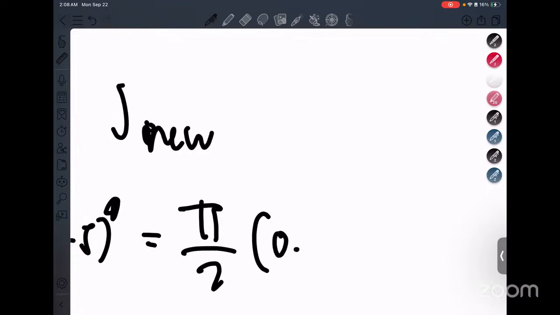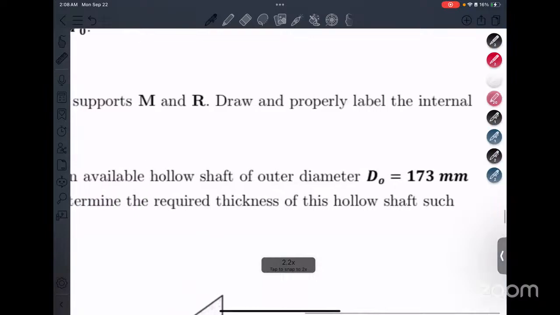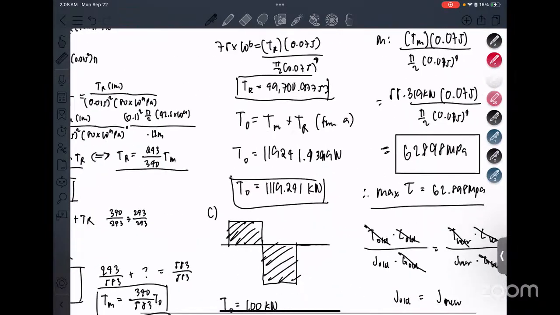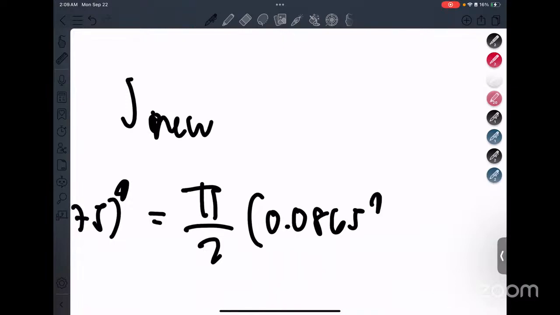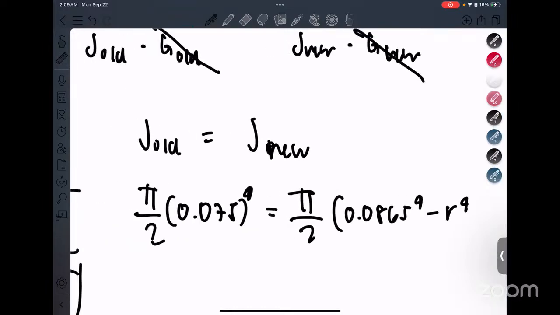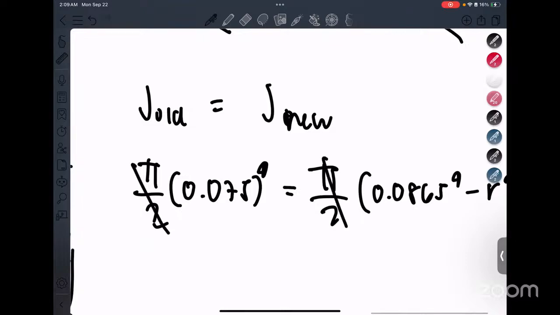So first, 86.5, where is this from? This is just the new radius, from the outer diameter. I converted it to radius. I just prefer doing it like this, but you can also just go straight with the diameter. That's also fine. The pi over 2 cancels.